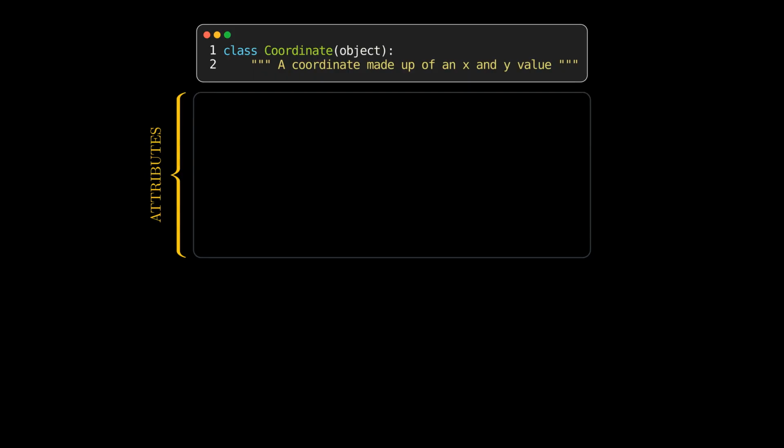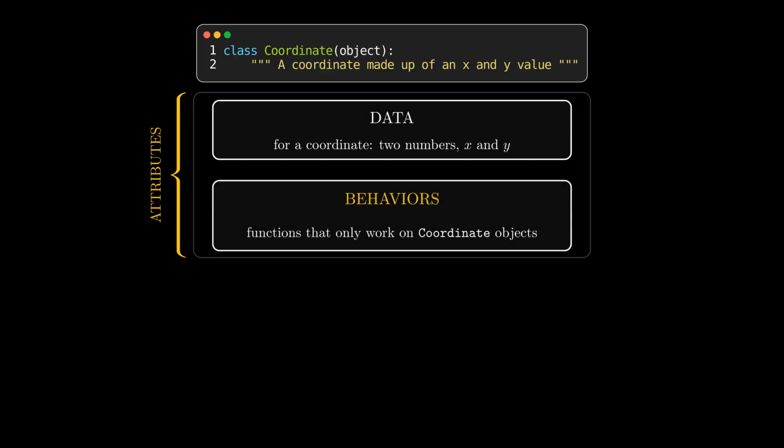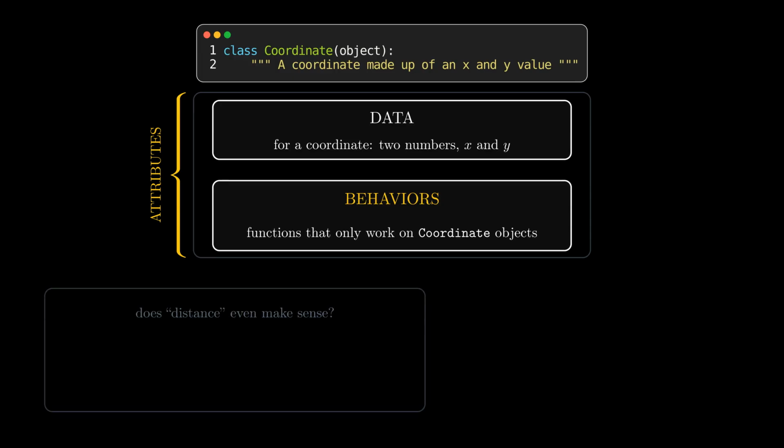So far, Python knows a data type called coordinate exists. What goes in the body of the class is attributes, and attributes come in exactly the two flavors that make up any object: the data that represents it and the procedures, also called functions, also called behaviors, that it can perform. For our coordinate, the data is two numbers. The behaviors are functions, but written in a special way that tells Python they can only run on an object of type coordinate.